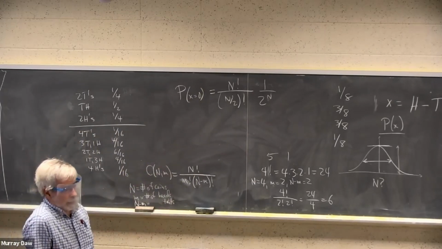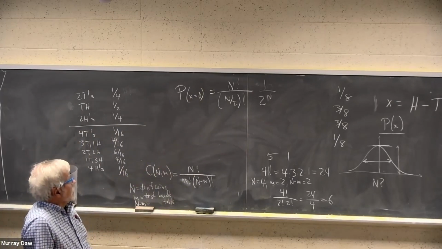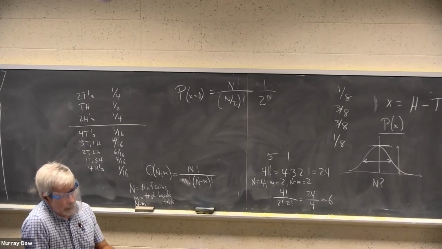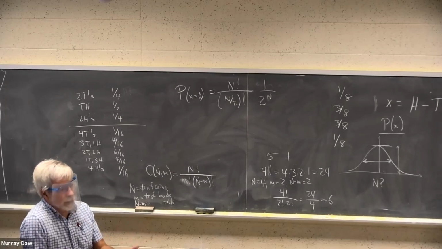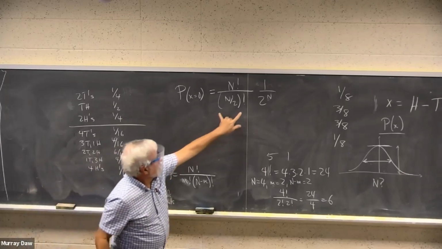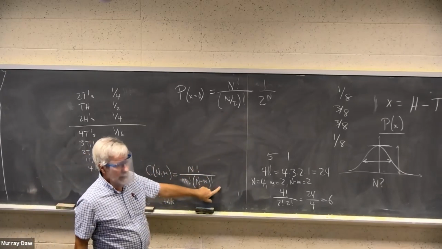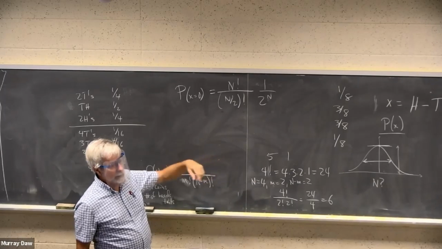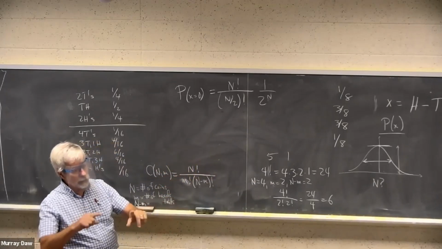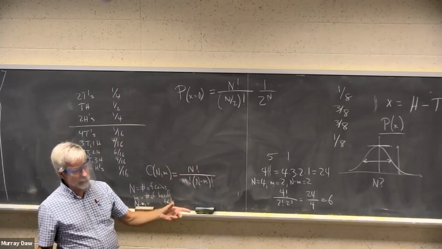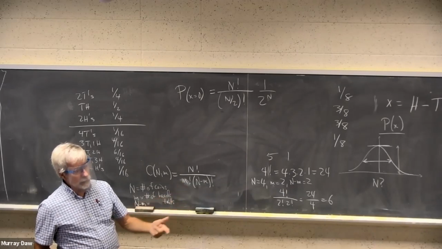Does that make sense? Why did you divide by 2 to the nth power? Because each coin toss has a probability of 1/2. There are n points. This just gives you the coefficient out front in Pascal's triangle, but it doesn't give you the probability of each one. It tells you the relative weighting among all the possibilities. But each one is 1 over 2 to the n.